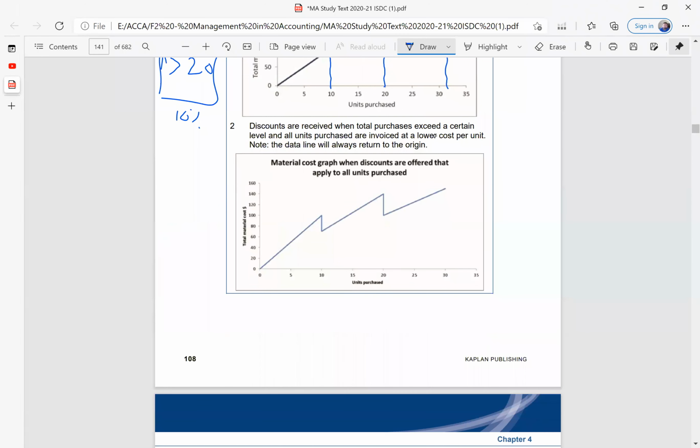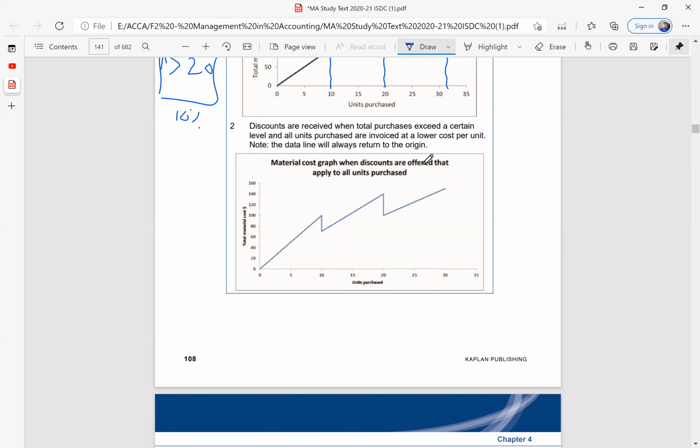Now, the other one says discounts are received when total purchases exceed a certain level and all units purchased are invoiced at a lower cost per unit. So they are saying that when you purchase 10 units, for the additional units, I'm going to give you a discount.